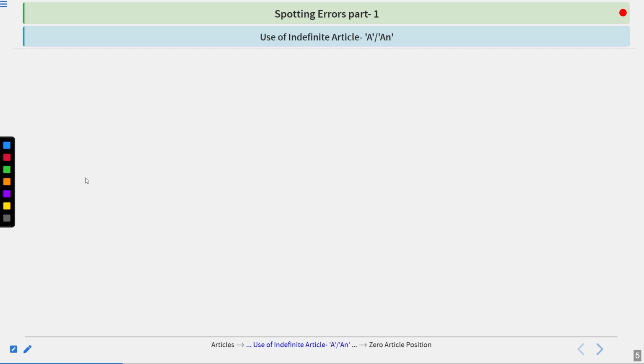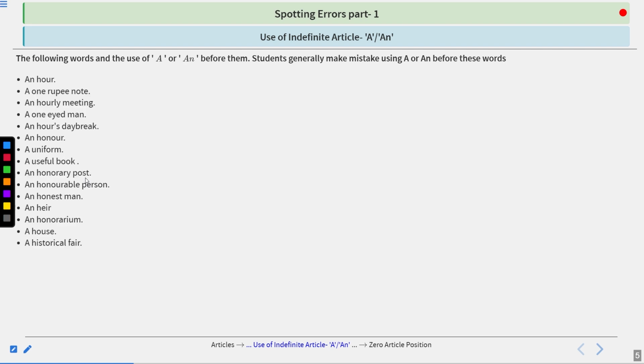Use of indefinite article an. The following are words where students generally make mistakes using a or an before them.